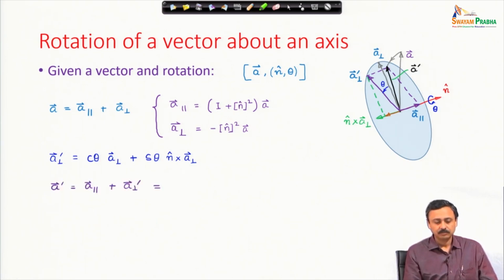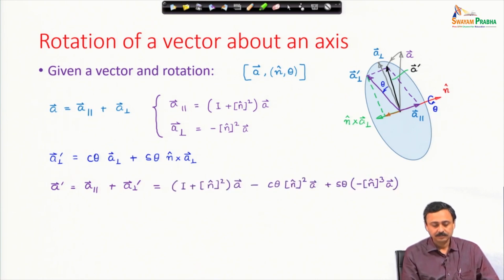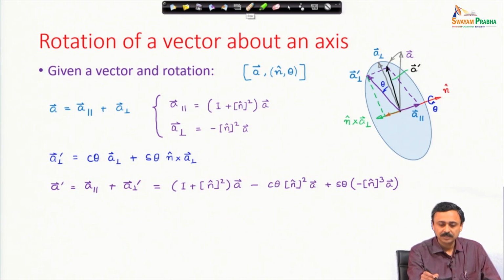Now, we have to combine. I have A parallel already and I have A perpendicular prime, therefore, A prime will be summation of A parallel and A perpendicular prime. I do that summation, I just have these results.